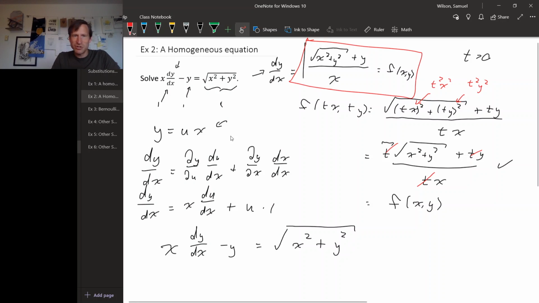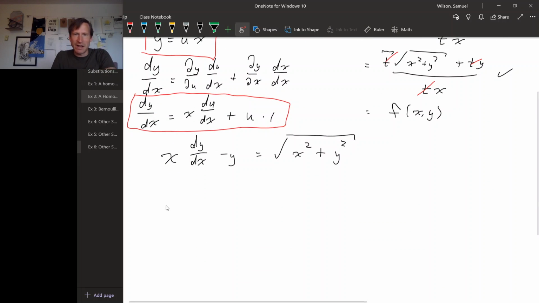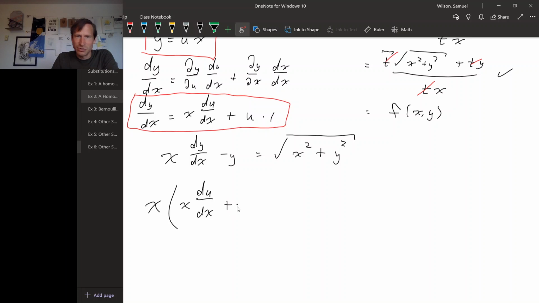As we do the substitution, remember, y's get replaced with u times x, and dy/dx gets replaced with this whole mess. All right, so we get x times dy/dx, which is x du/dx plus u, minus y, and y is u times x, equals the square root of x squared plus y squared, which is u times x squared.